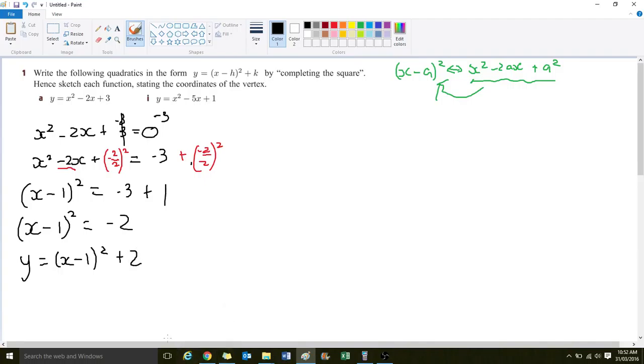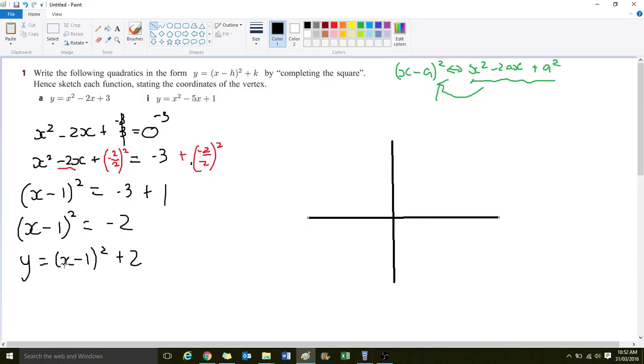Okay. Now, because we've got it written in this form, it's very easy for us to graph this function. Okay. So if we have our Cartesian plane, got our x-axis and our y-axis. And if we remember the green box from the previous video, the y-intercept occurs when x is 0.